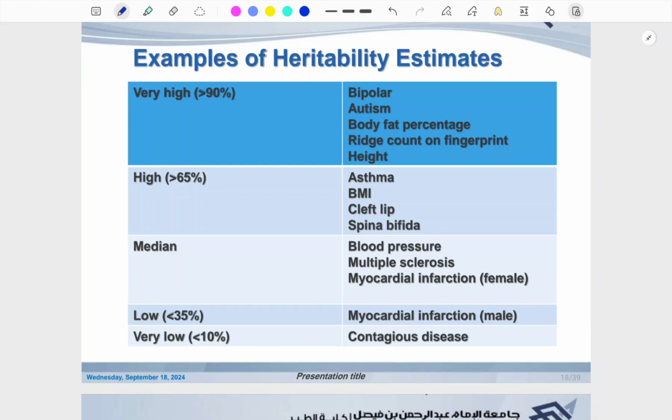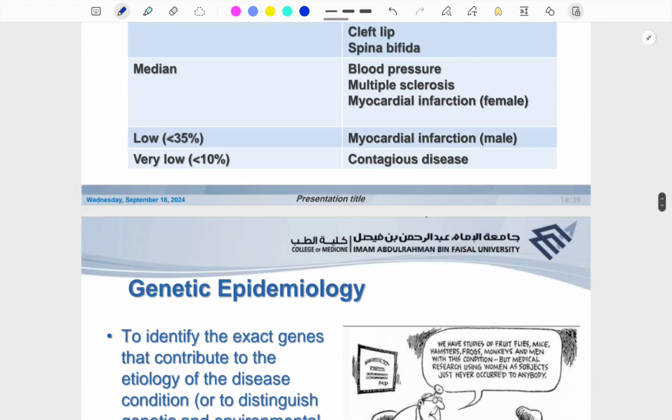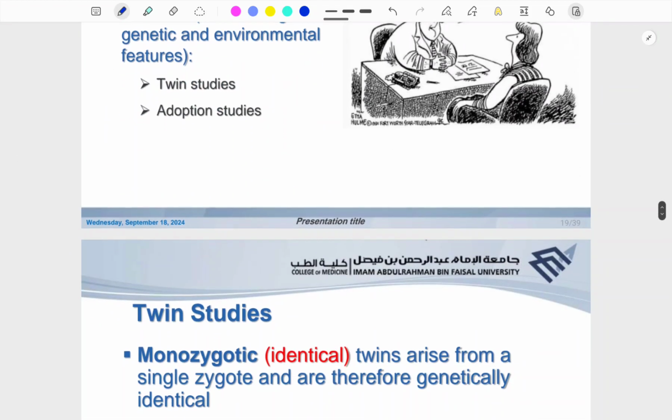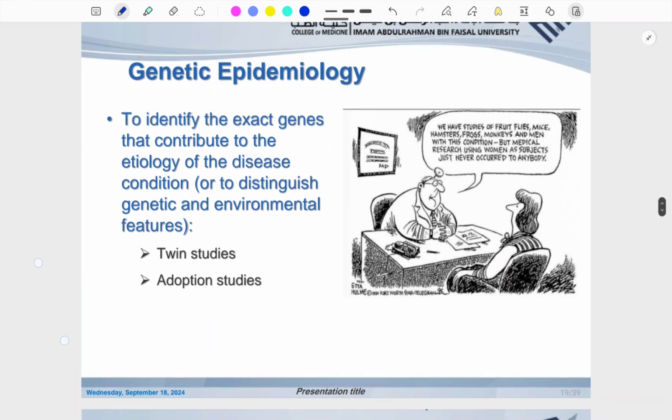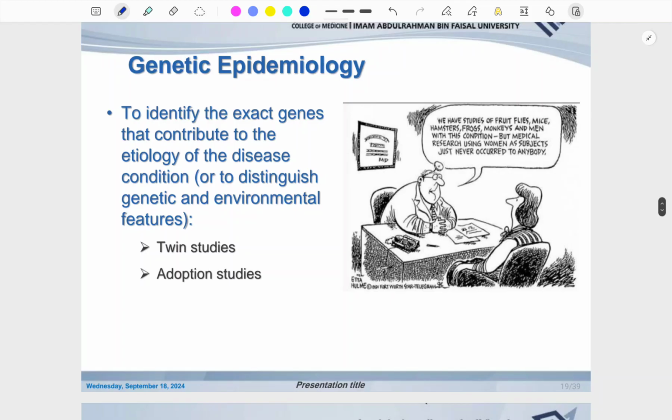Now, how did we know that? How did we get to this heritability? It is by this type of studies. Twin studies and adoption studies. You understand? It's not your child, you adopt a child.